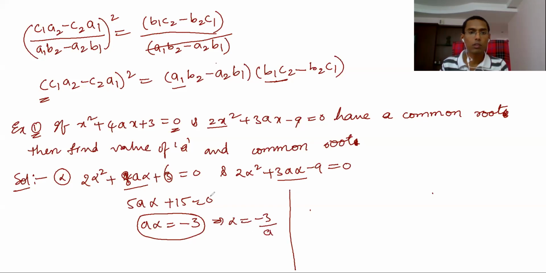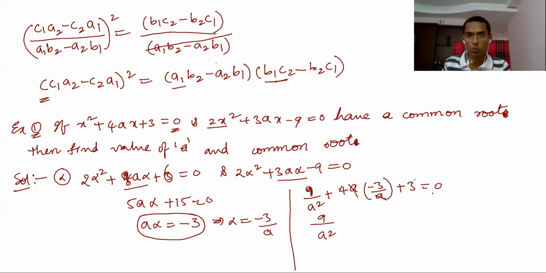So you substitute the alpha value in this equation: 9 by a square, and plus 4a alpha, where 4a into alpha is minus 3 by a, so plus 3 equal to 0. So 9 by a square, this a gets cancelled, minus 12 plus 3 is minus 9. Minus 9 equal to 0.